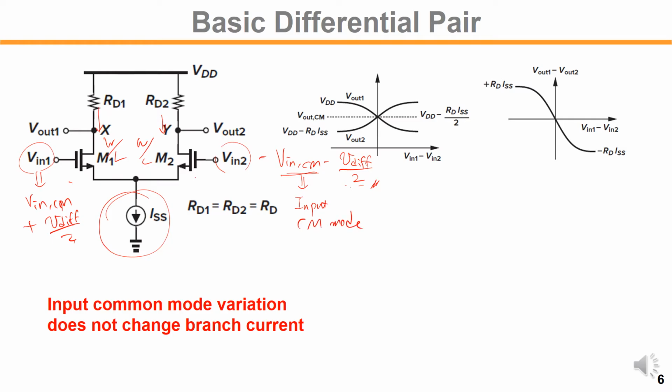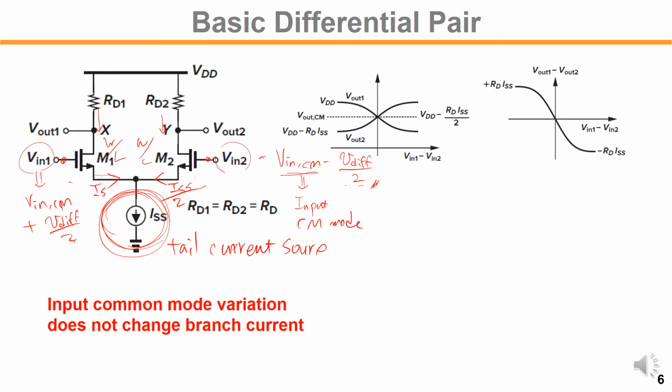For this case, if Vdiff is 0, then the same biasing voltage is applied on the gate and the devices are the same size. So this current on the tail, the tail current, at the source will split equally into 2 branches.